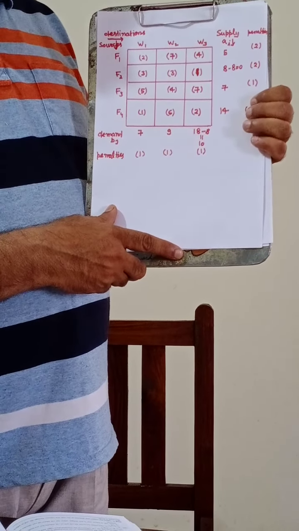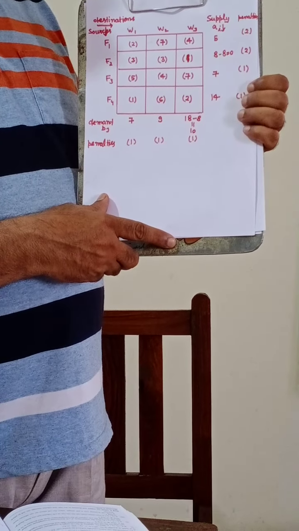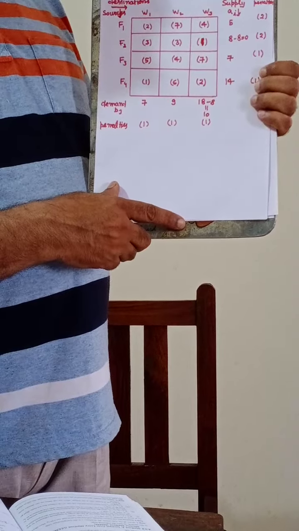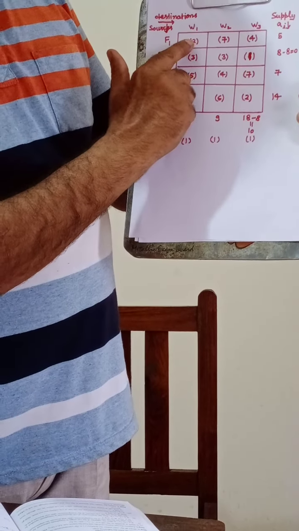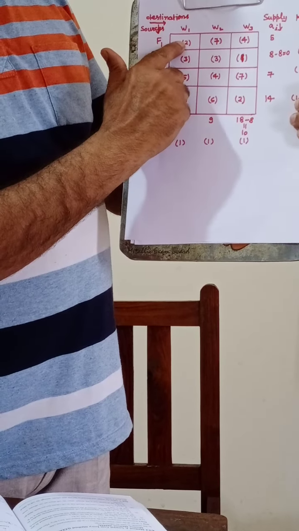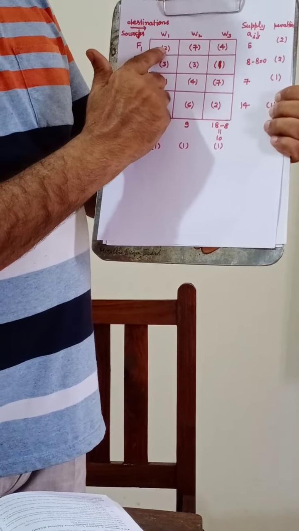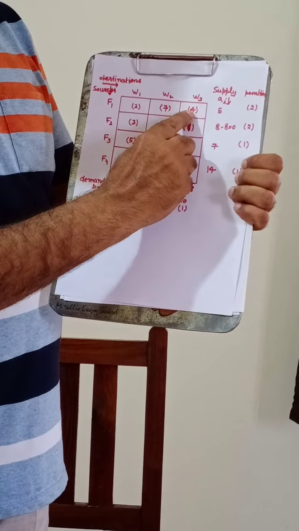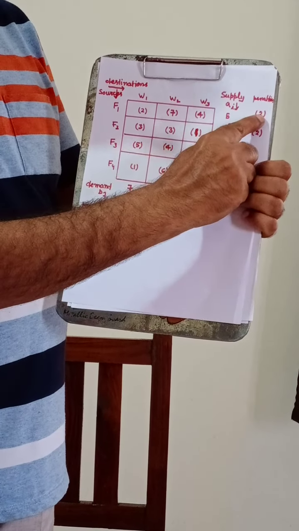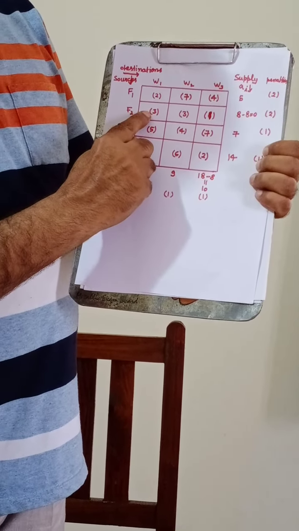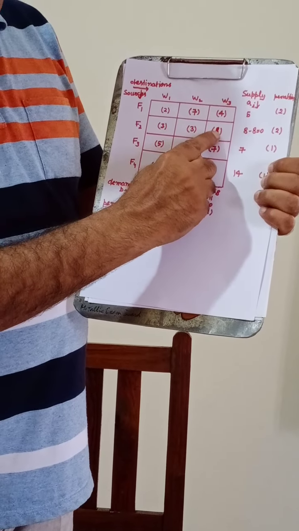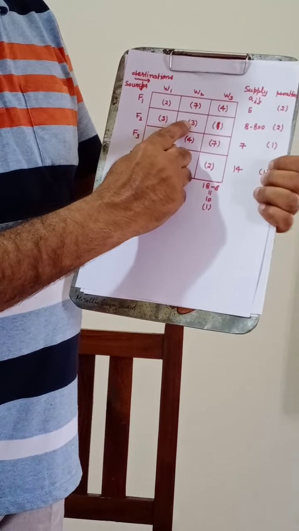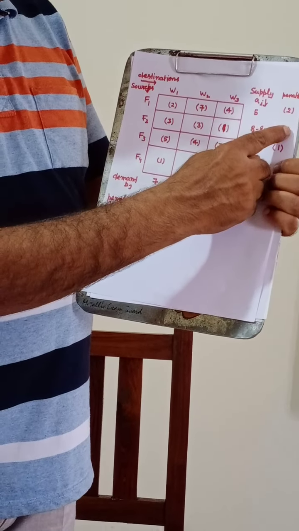First we find the penalties of each row and each column as follows. See the first row: the smallest element is 2 and the next smallest element is 4, so its penalty is 2. In the second row, the lowest cost is 1 and the next lowest cost is 3, so its penalty is also 2.